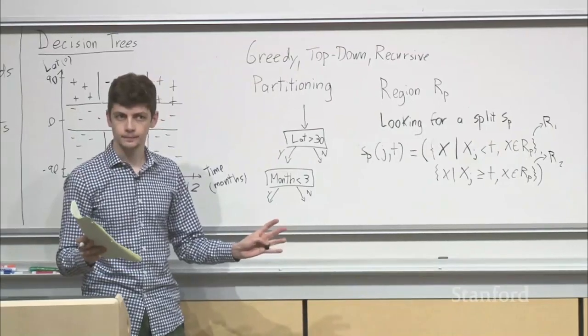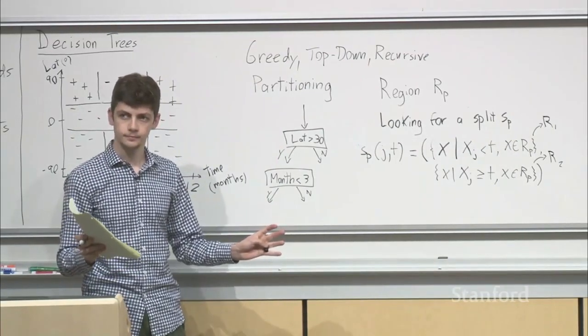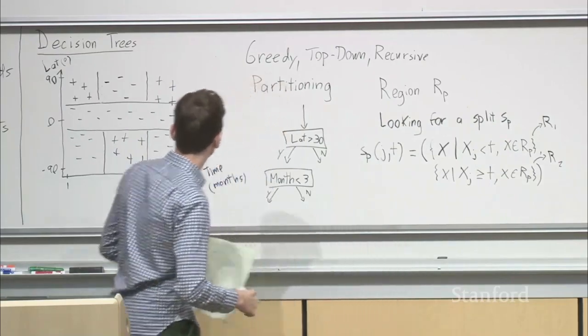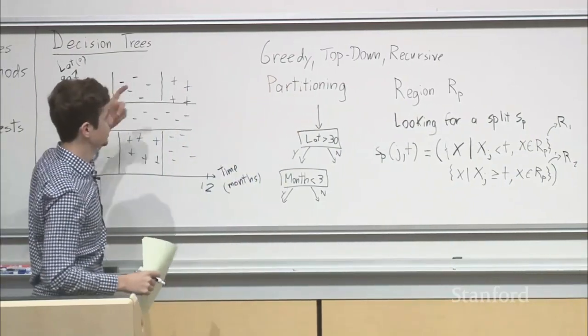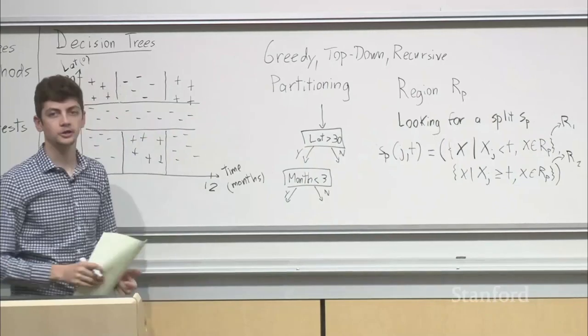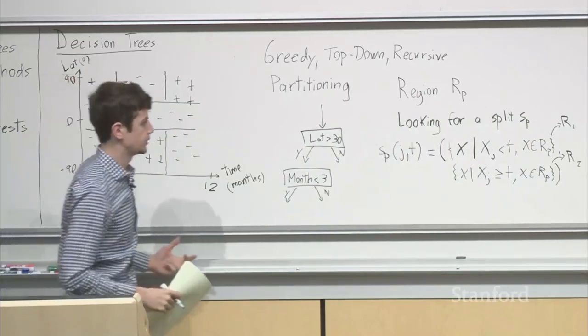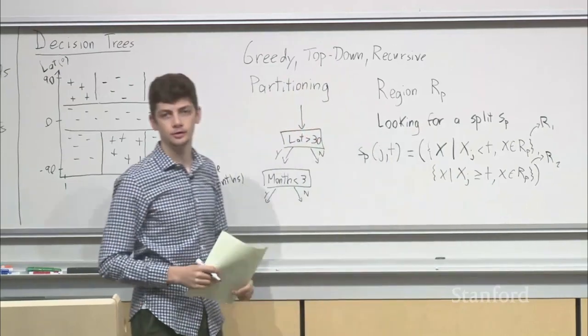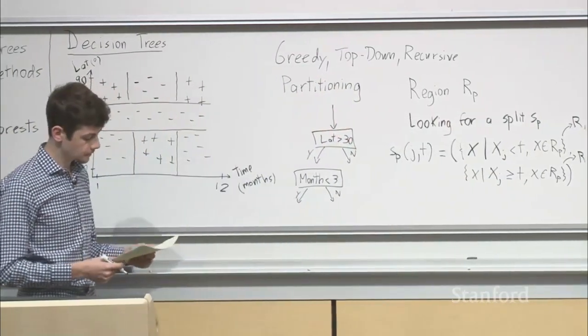Any questions so far? No? Okay. So we now defined how we would do this. We're trying to greedily pick these splits that are partitioning our input space. And the splits are defined by which feature you're looking at and the threshold that you're applying to that feature.